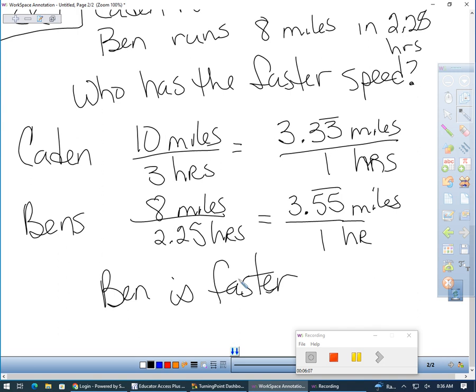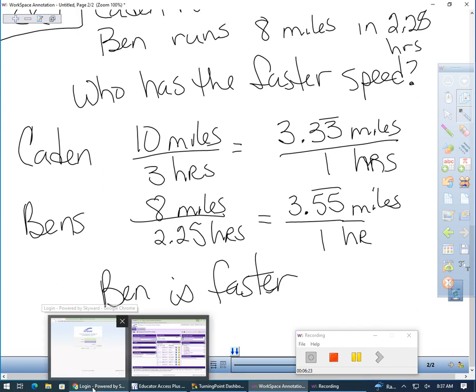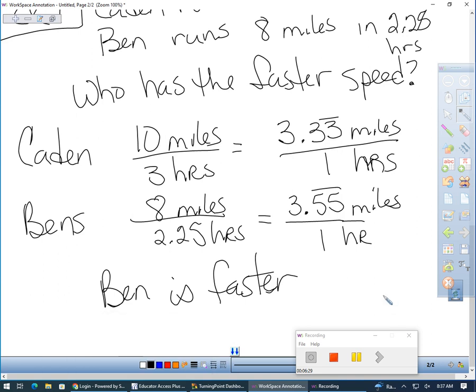Okay, so in order to compare them, you need to change them into unit rates. All right, so the one in your homework actually talks about people in square miles. So we want to figure out how many people are in each mile and then compare them. Okay? Any questions on finding a unit rate? All right.